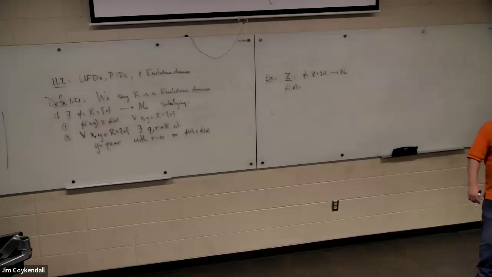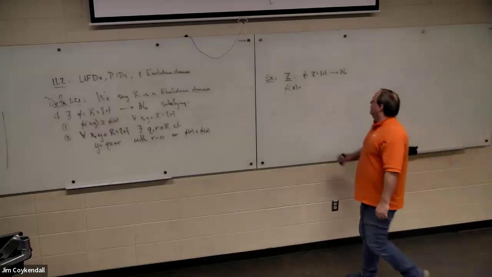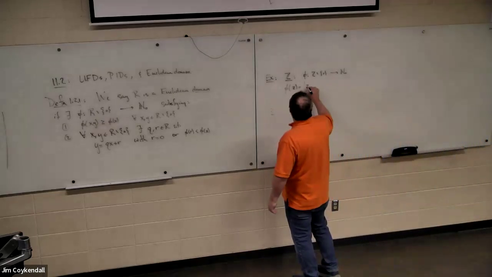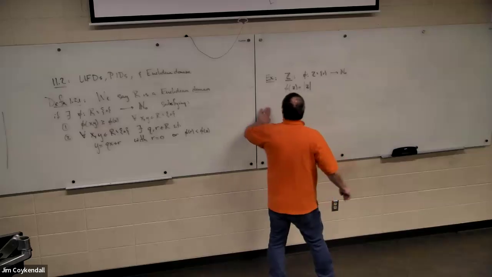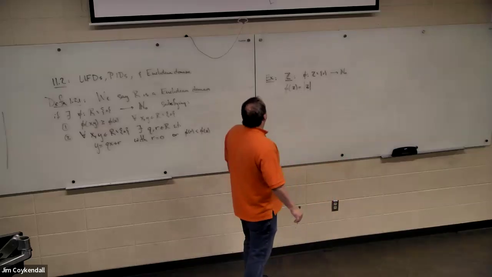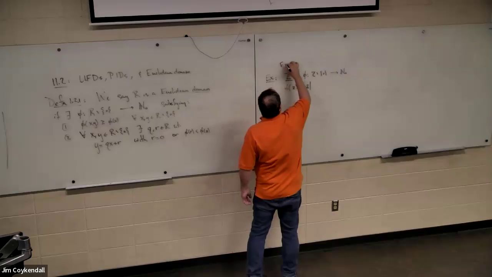How about absolute value, right? Because you're just measuring the size of the remainder. These are Euclidean domains.